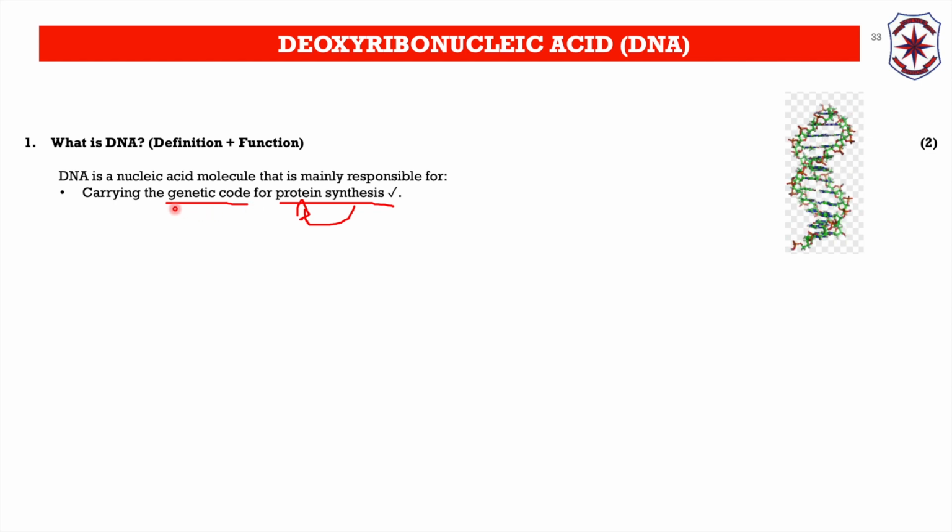So DNA has a specific code that would tell the cell which protein to be made. So the first function of DNA is that it carries the genetic code for the production of proteins. I hope that is clear enough.